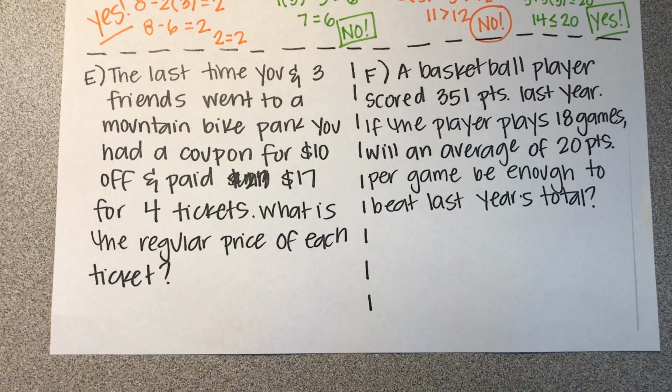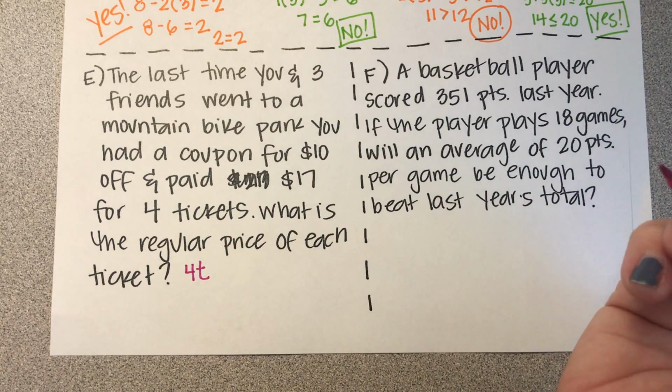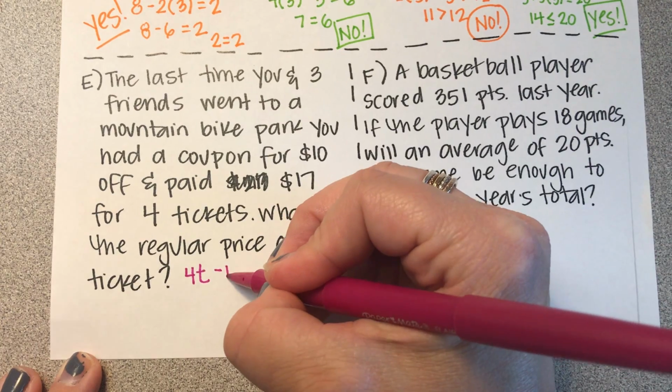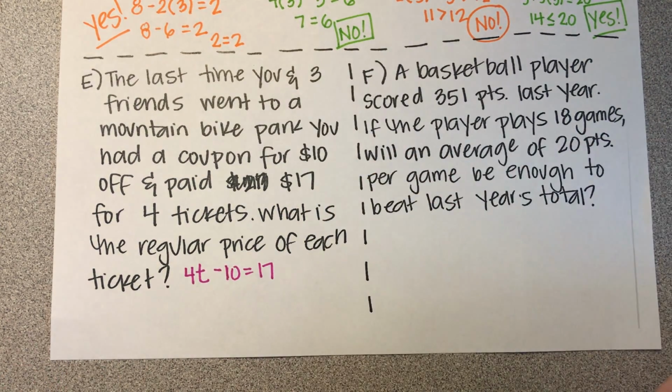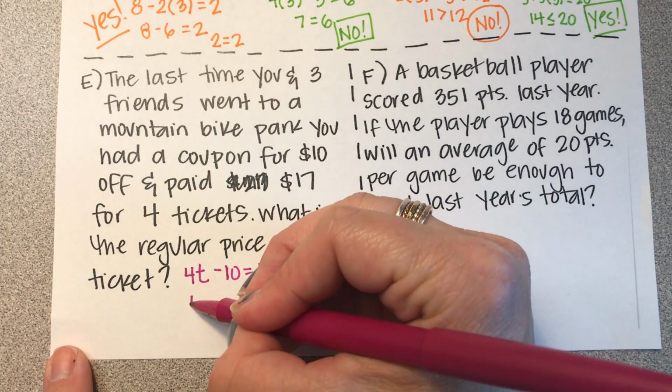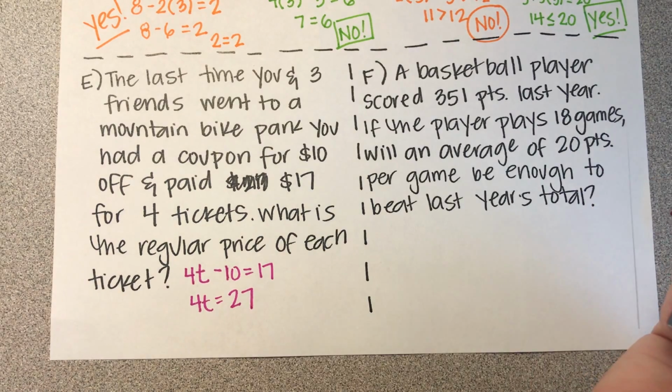And then 2 more examples. The last time you and your 3 friends went to a mountain bike park, you had a coupon for $10 off, and you paid $17 for 4 tickets. What is the regular price of each ticket? So let's do 4 times the regular price, less the $10 coupon, was $17. That means that before the coupon, 4 tickets would have been $27.